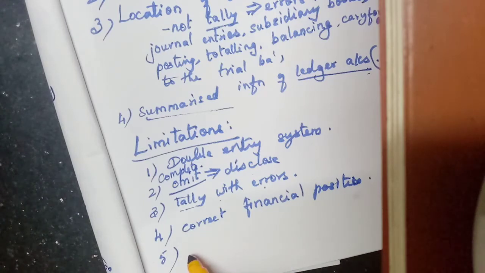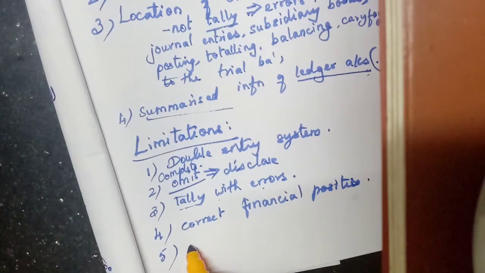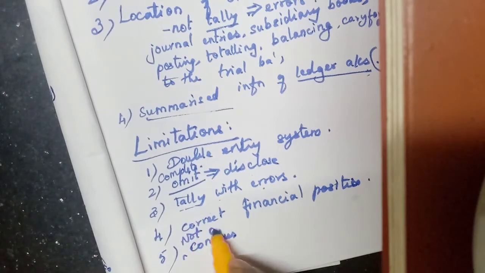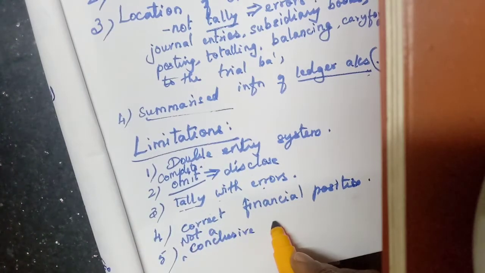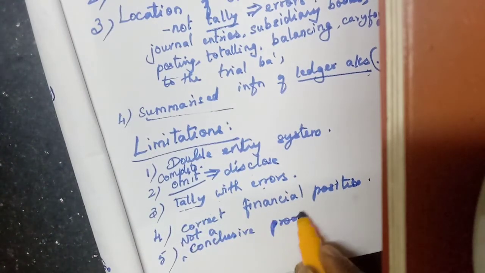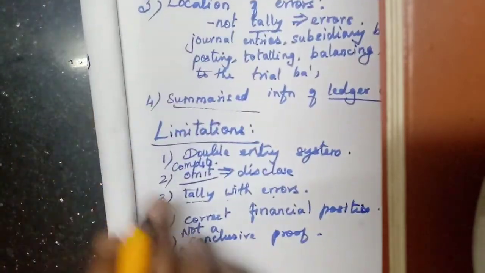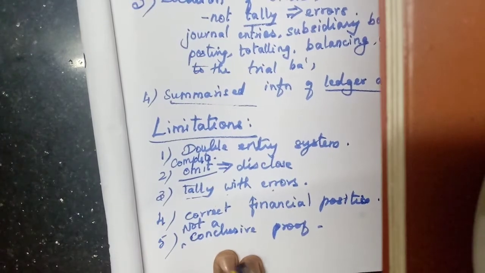So we cannot treat it as conclusive evidence or proof. It is not a conclusive proof for the arithmetical accuracy of entries made in the books of accounts. Why?